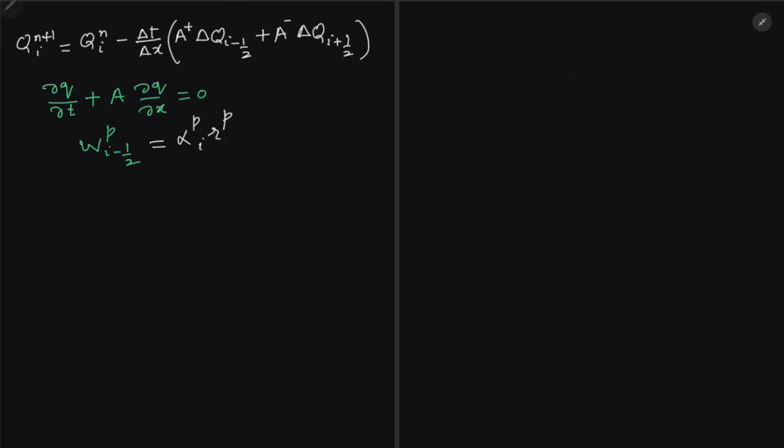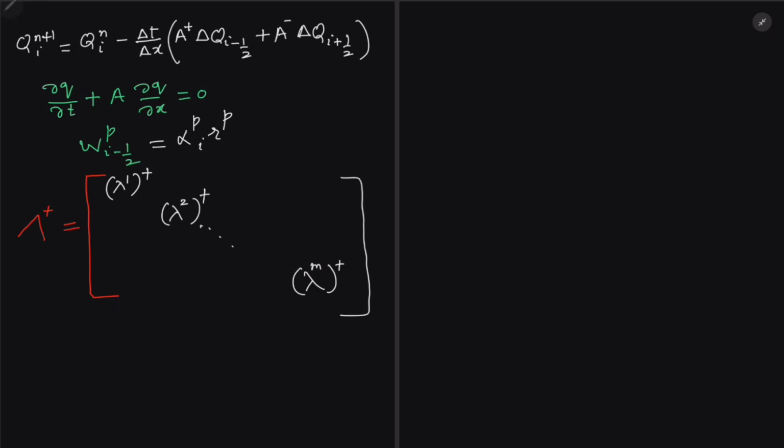Remember, r p is the eigenvector and lambda p is the eigenvalue. Then we can write lambda, or some people call it omega. Lambda plus has all the waves which have positive speed: lambda 1 positive, lambda 2 positive, up to lambda m positive.